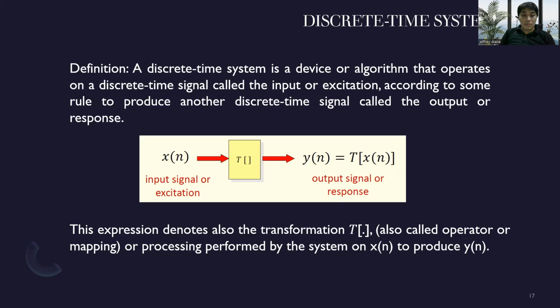Here in the diagram, the input signal or the excitation x(n) is going to T. T is for the transformation, going to y(n) is equal to T[x(n)]. This is the output signal or the response signal. This expression also denotes the transformation T, also called operator or mapping or processing, performed by the system on x(n) to produce y(n).